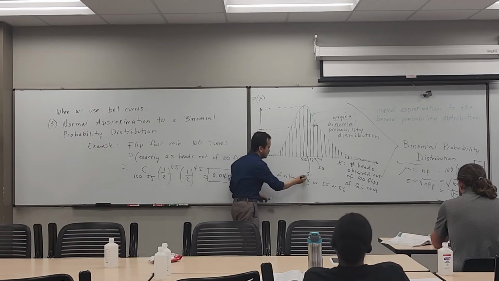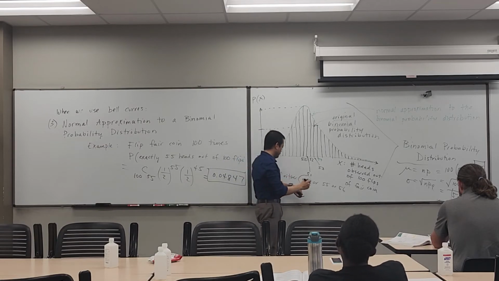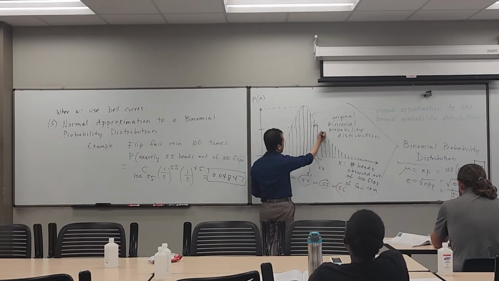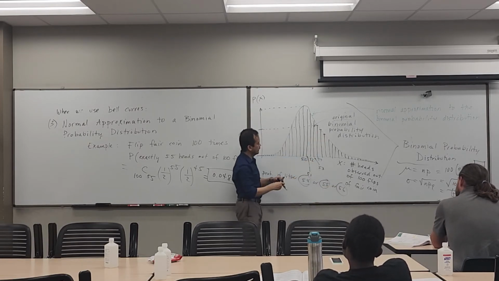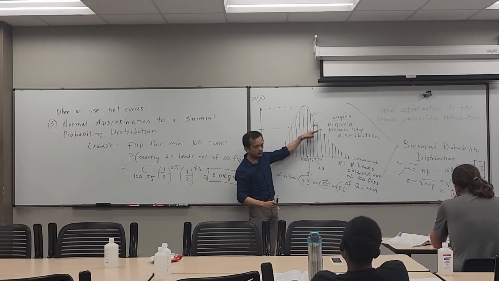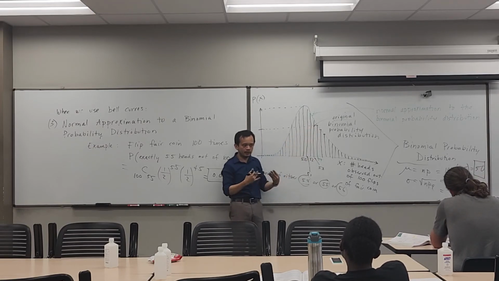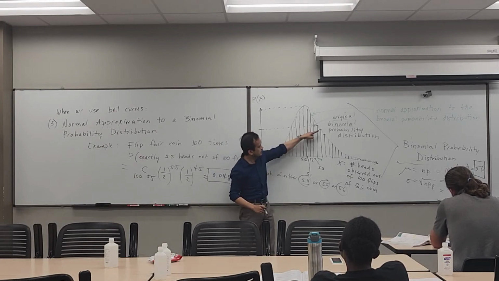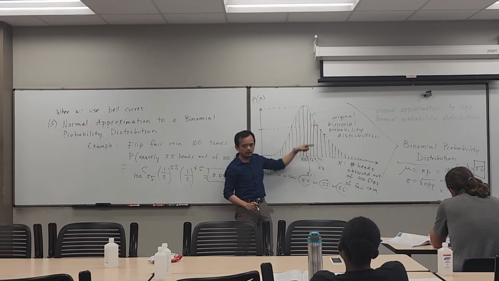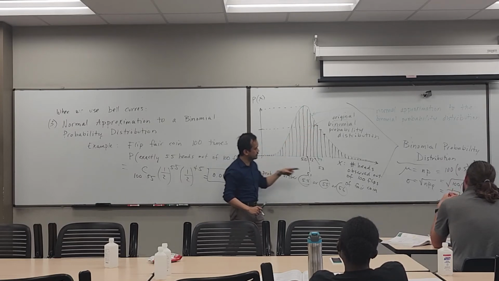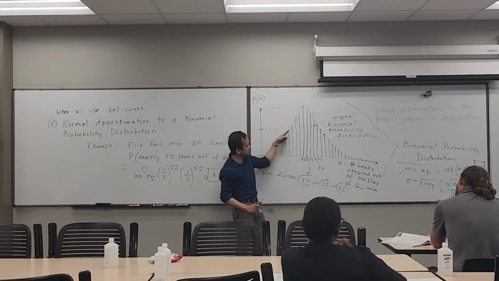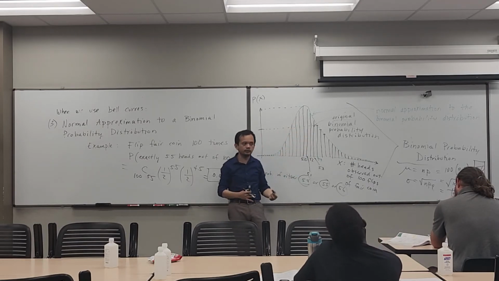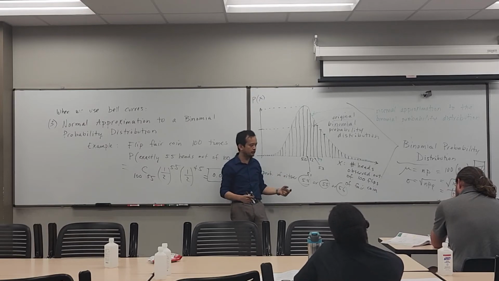We know what that number is, and then do the same thing for 55 and 56 heads. You get these three heights corresponding to the three numbers that you add together, and that'll correspond to the final probability. So in a discrete distribution, to find probabilities, you add up the appropriate heights. But if we convert this to a situation where we're fitting a continuous distribution like a bell curve onto it instead, now we're going to find probabilities using areas instead.